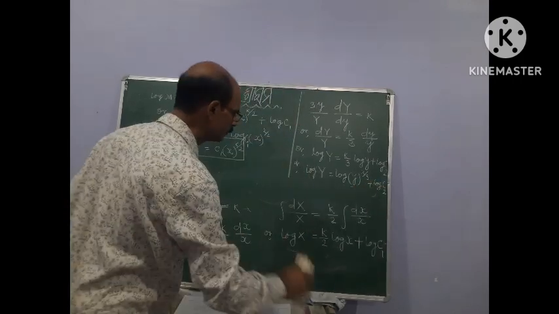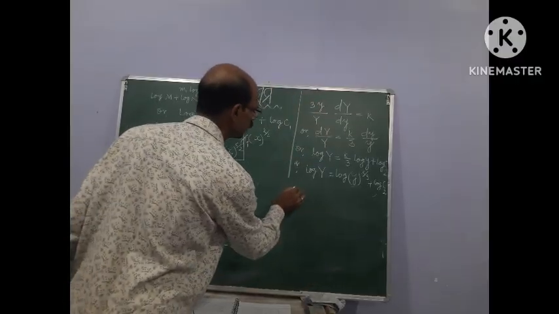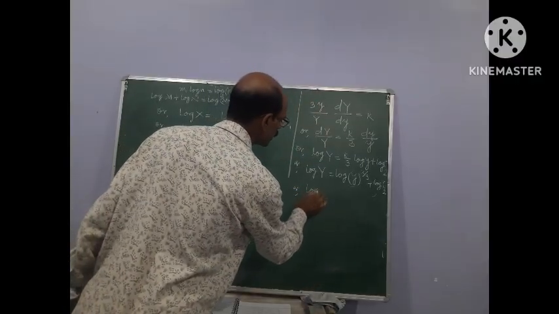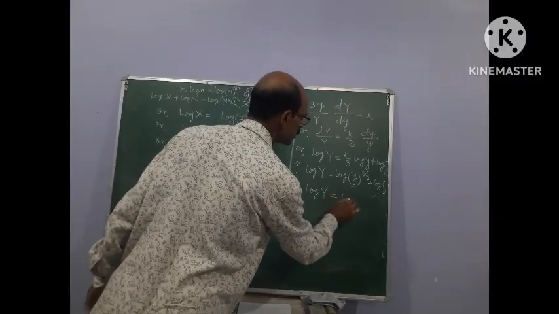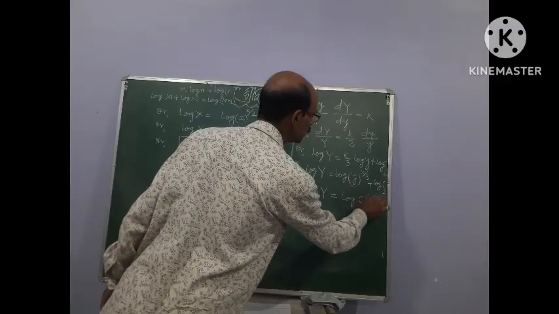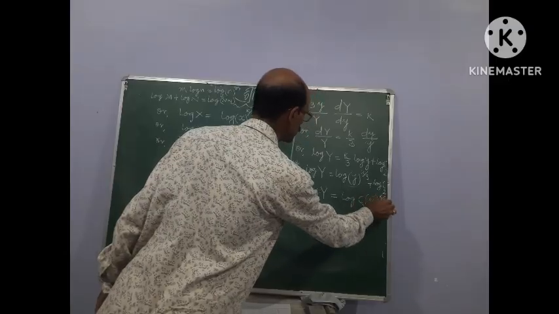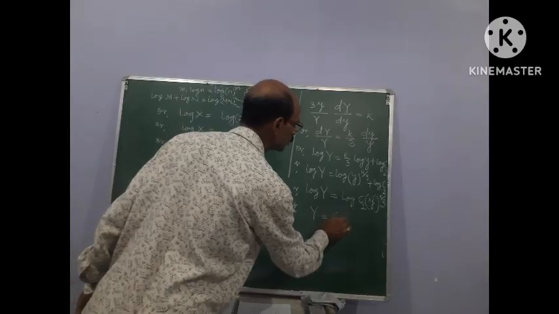You are understanding? Or it can be written as log a plus log b, meaning log C2 y to the power k/3, or capital Y is equal to C2 y to the power k/3.